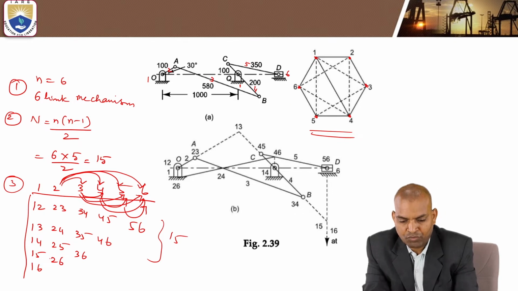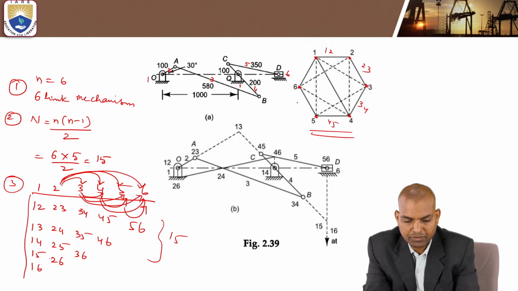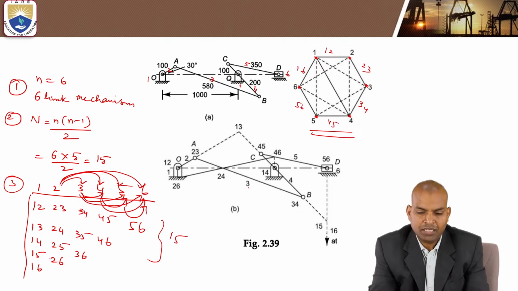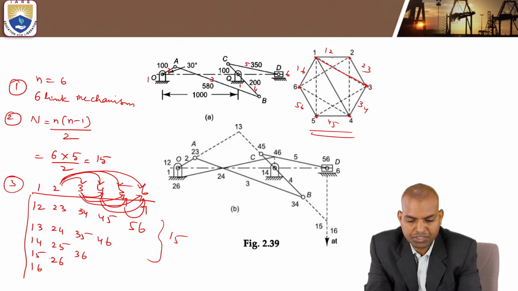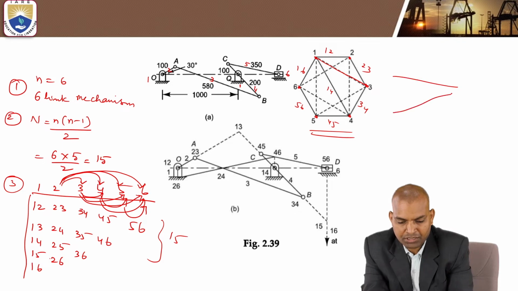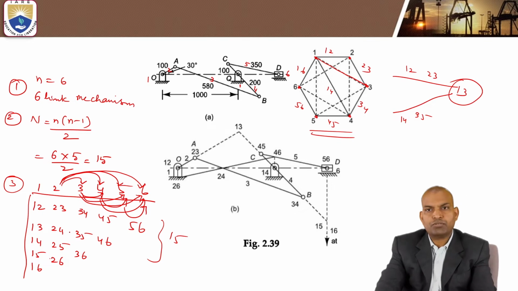Then join 1 2, 2 3, 3 4, 4 5, 5 6, and 1 6. Suppose we want the 1 3 I center, I13. By using the Aronhold-Kennedy theorem, it is the intersection of the extension of 1 2 2 3 and the extension of 1 4 3 4. Thus we locate the I centers.